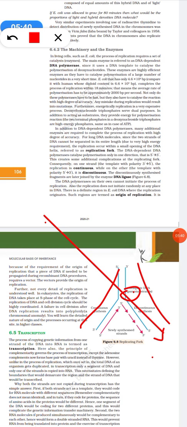One strand, with polarity 3' to 5', is replicated continuously, while in the other strand the replication is discontinuous. The discontinuously synthesized fragments are later joined by DNA ligase.